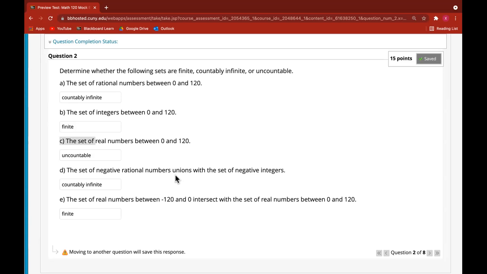In class we did that: if you list out all the real numbers between 0 and 1, no matter how you list them, you can always generate a new number that's not in your list.